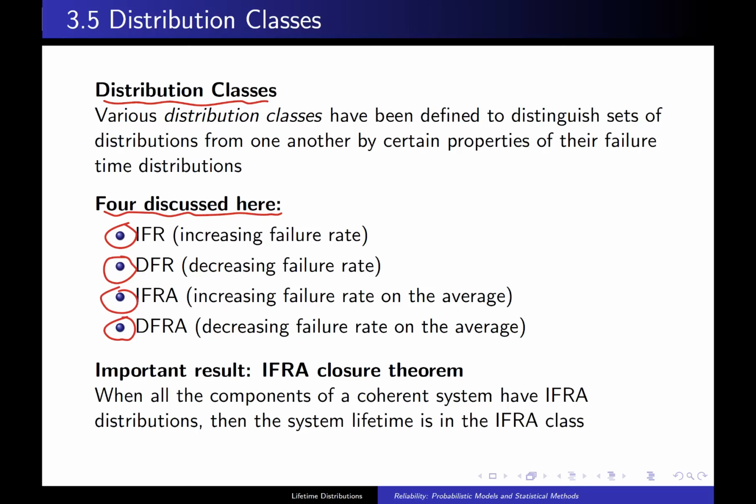It says when all of the components of a coherent system have IFRA distributions, then the system lifetime is in the IFRA class. And as before, we will assume independent failure times in order to achieve the IFRA closure theorem.